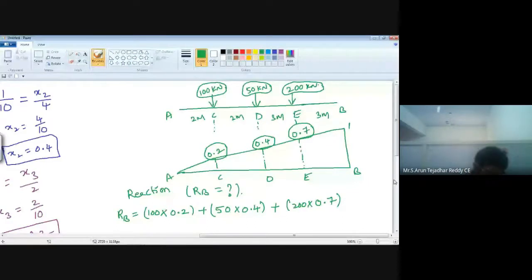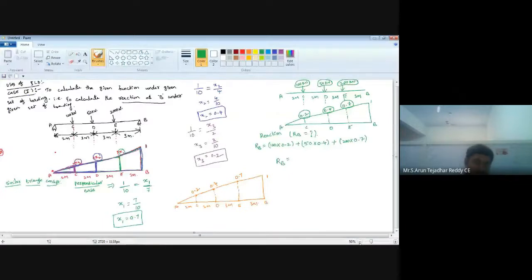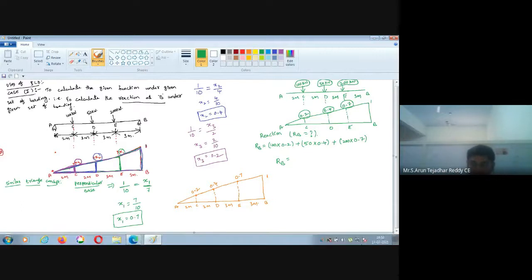Now, what is the value? All of you calculate this value. Tell me the value of RB. All of you take a screenshot here.